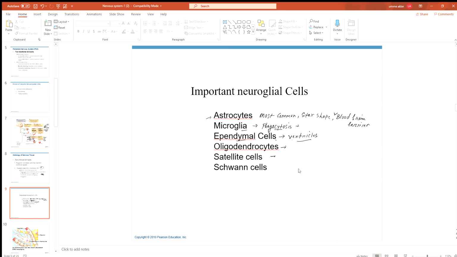Oligodendrocytes, satellite cells, and Schwann cells. These three types of neuroglial cells form myelin. Or you can say all of them are involved in insulation.